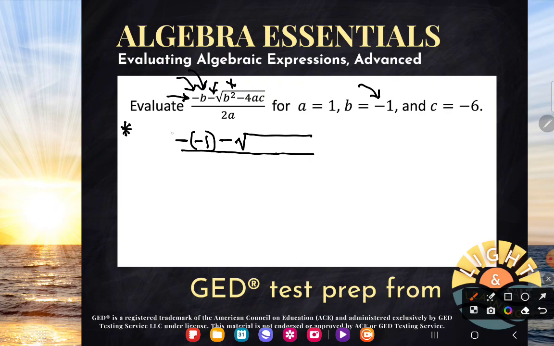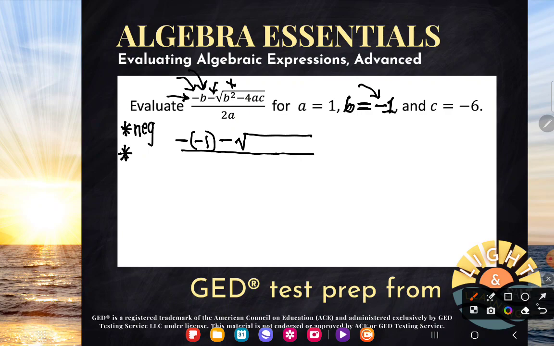So the first thing I'm going to watch out for is sometimes you get double negatives, okay? So watch out for your negative signs. Dropping negatives is a favorite mistake. But the other thing is when you plug negatives into exponential expressions. See how B is a negative value? And see how B right here is being squared?